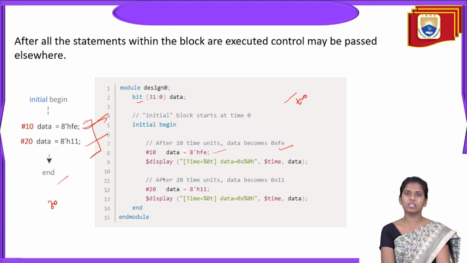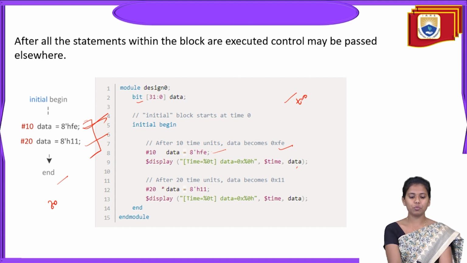That's how, if you want to see the delay in the output, then you use display with time and data with respect to the percentile. Next, the data of 8 bits of hexadecimal will go for the execution after 20 nanoseconds of delay, isn't it? So after a 20 time delay, the data 8'h11 will come into existence.